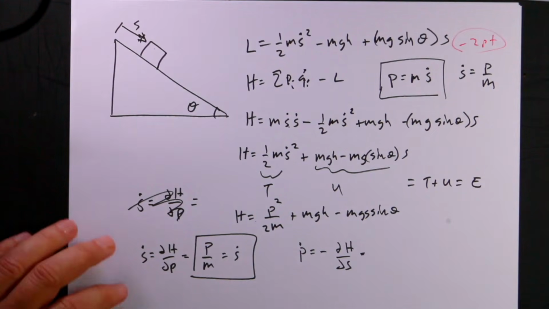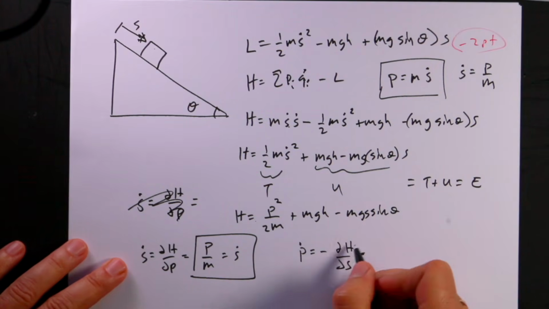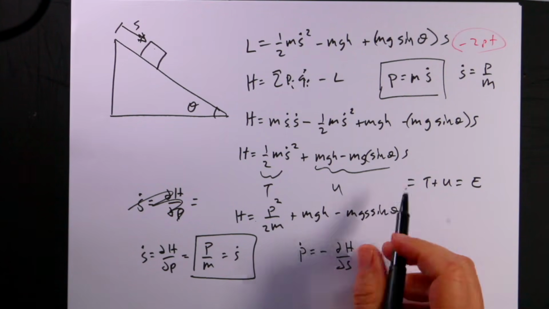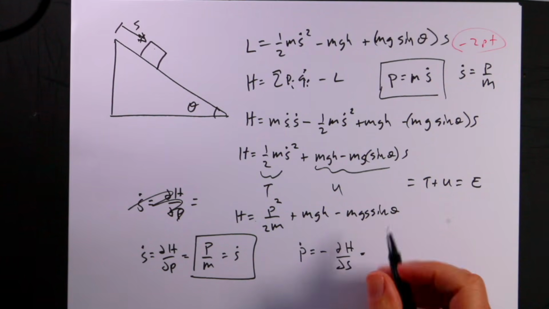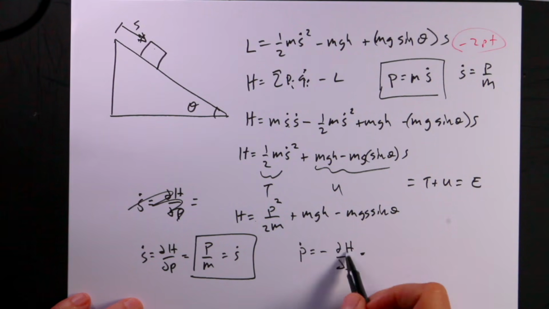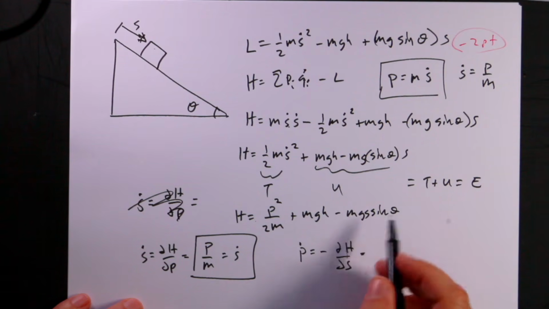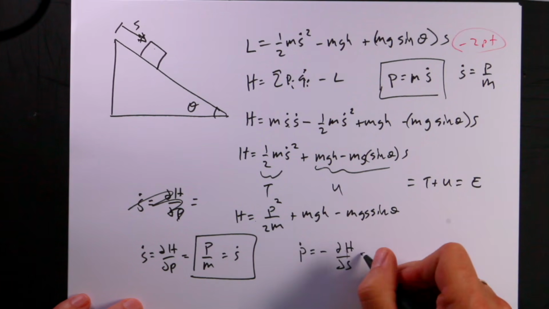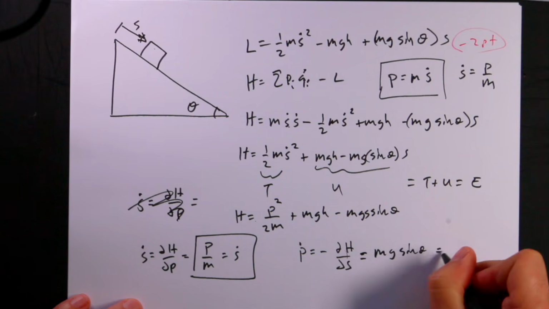Okay, sorry, that was my fault, but I caught it. Okay, the problem, my mistake, I'll tell you right now, is saying mg s sine theta, right? I had two s's right next to each other. So the partial of H with respect to s is just going to be, the only s that shows up is here, so I get negative mg sine theta, but there's a negative sign, so I get mg sine theta equals p dot.